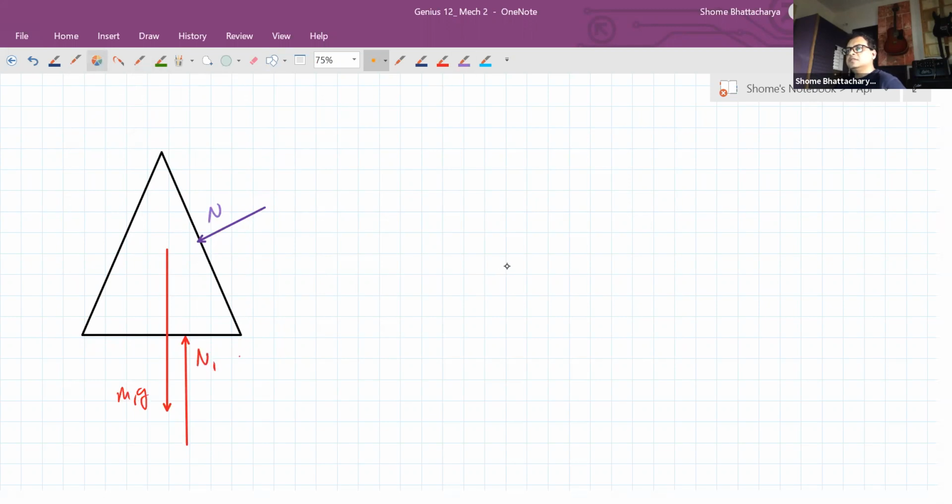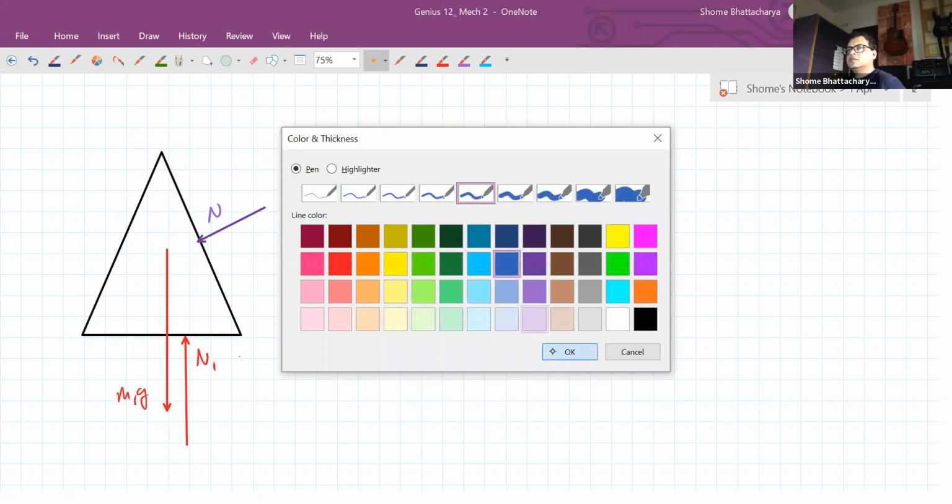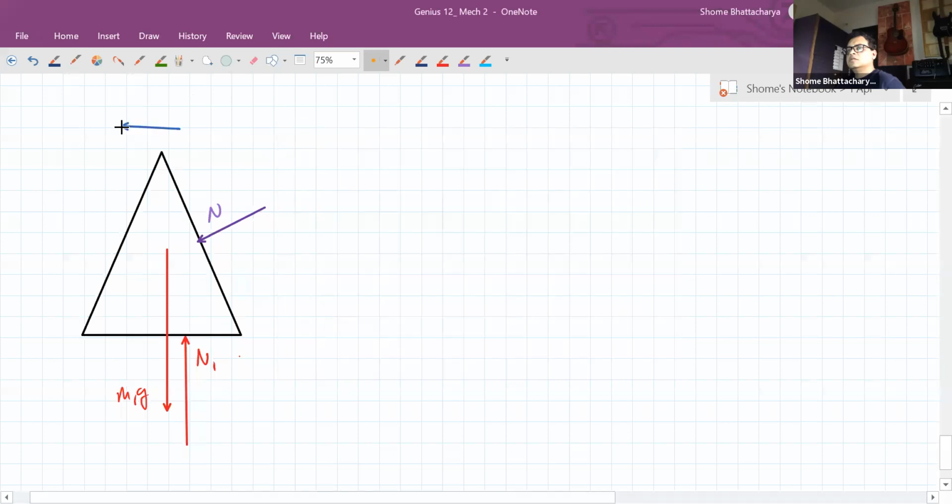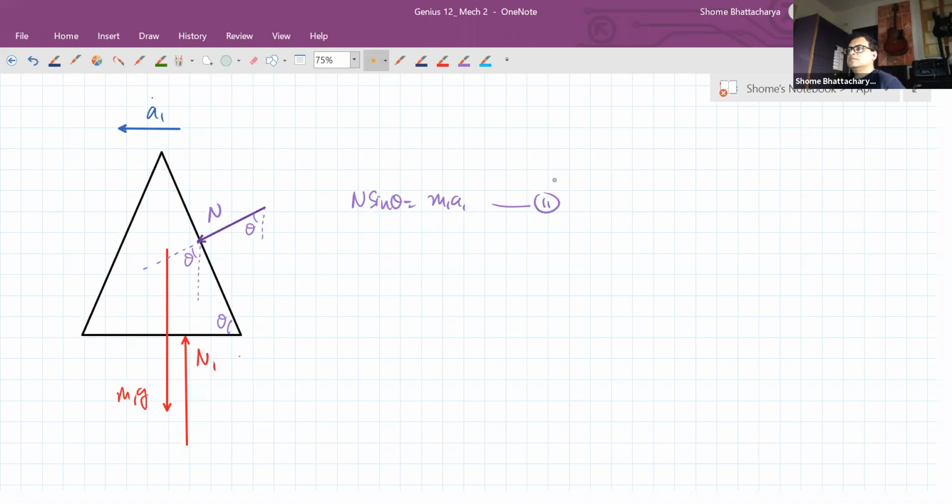And this is having a horizontal acceleration A1. So this is pretty simple. As you can see, if this angle is theta, then this angle is theta. So we have N sine theta is equal to M1 A1. That's our second equation.